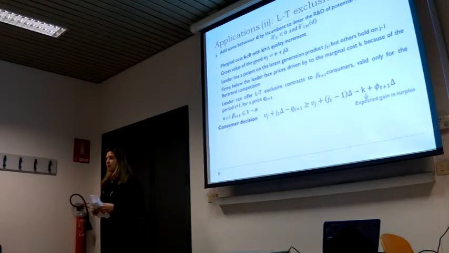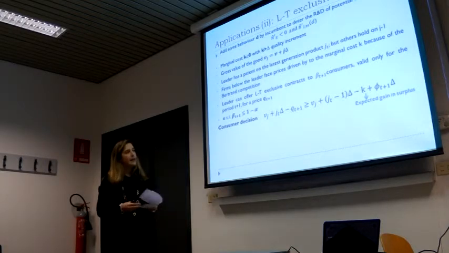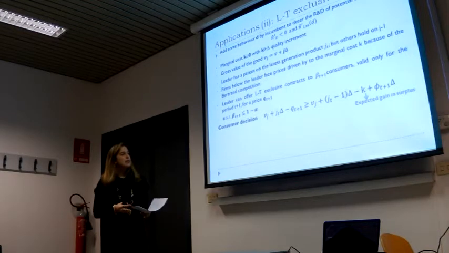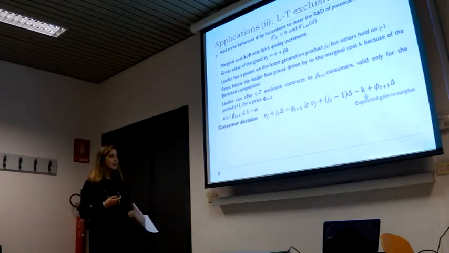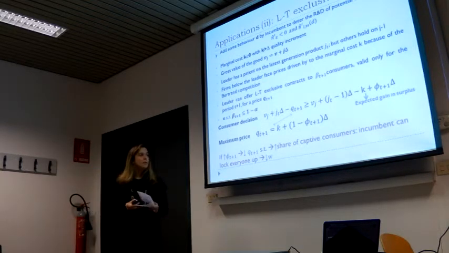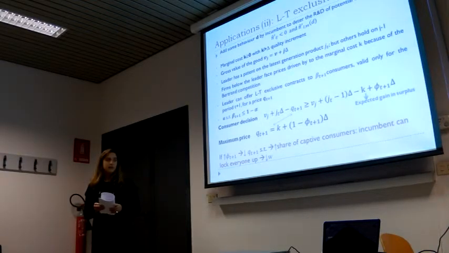So when consumers decide whether or not to sign the contract, only when the first part is higher than the second one, it means that there will be a maximum price Q T+1 that is equal to K plus 1 minus phi times delta.